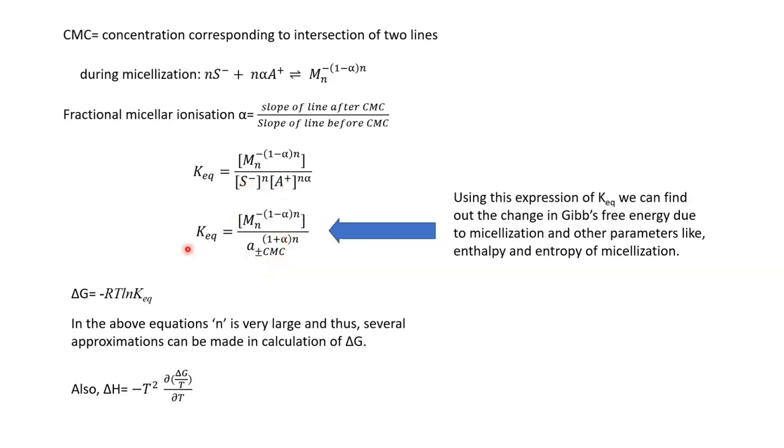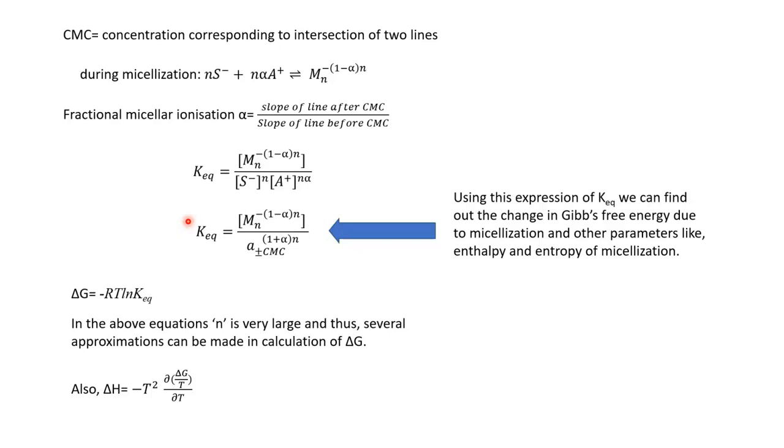Now from this value of K equilibrium, we can find the change in Gibbs free energy due to micellisation, and from that we can find the other thermodynamic parameters such as enthalpy change or entropy change. Now we know that the change in Gibbs free energy is given as delta G is equal to minus RT ln K equilibrium, and in the above equations n is a very large number because a large number of surfactant molecules aggregate together to form the micelle.